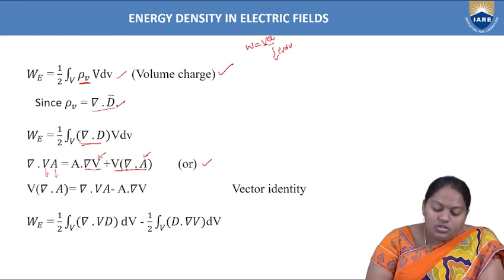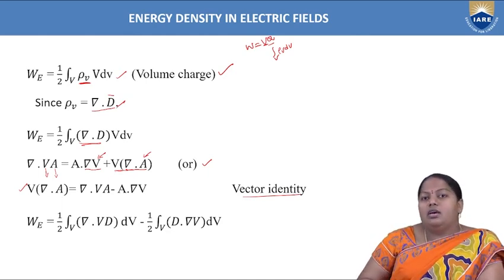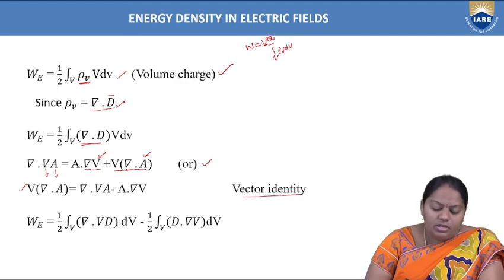So from this relation, we derive the term for V into del dot A. Then the equation becomes del dot VA minus A dot del V. This is obtained from the vector identity, where V is the scalar notation and A is the vector notation.